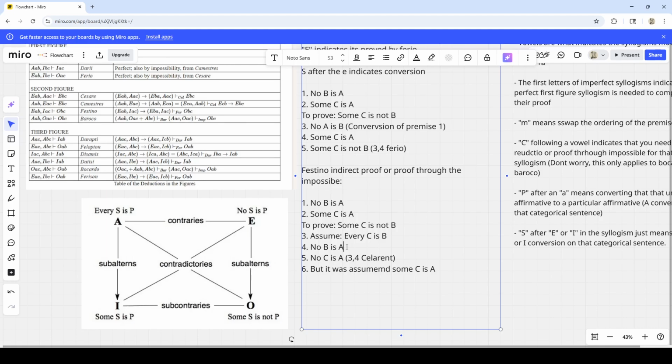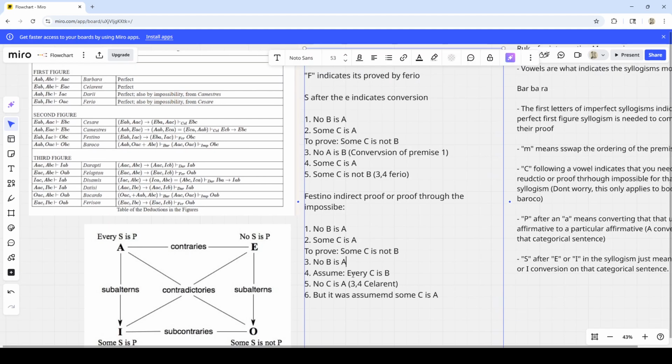Notice that this is Celarent, but we have to switch the order of the premises right here. So this goes down here, and this goes up here. So no B is A. We restated premise 1.